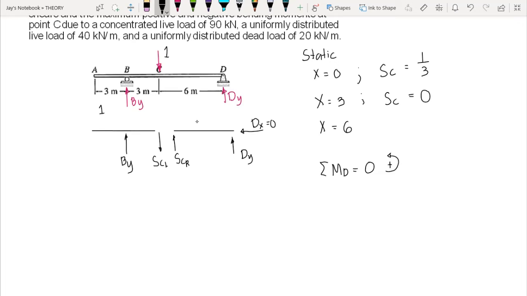So we have by times 9, that is negative, plus 1 times 6 is equal to 0. So we have by here is equal to 6 over 9, or 2/3.